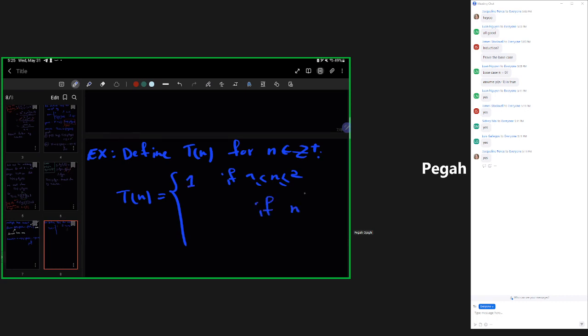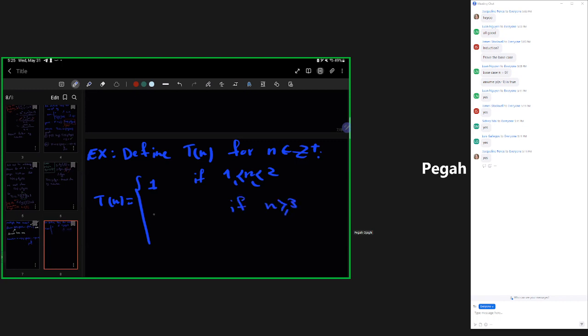If n greater than 3, so let me remove that, we need a space. Okay, we say T of n is 1 if n is between 1 and 2, and if n greater than 3, T of n over 3 plus n.